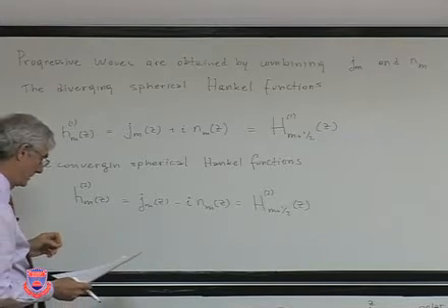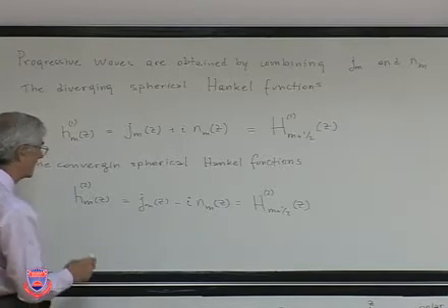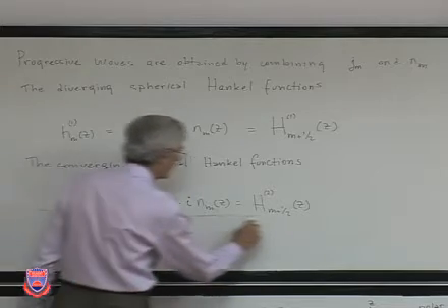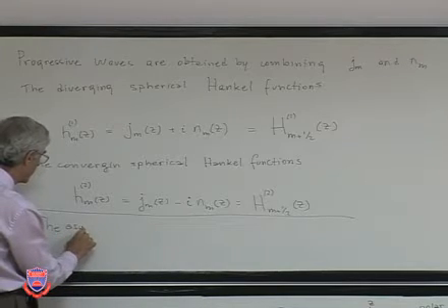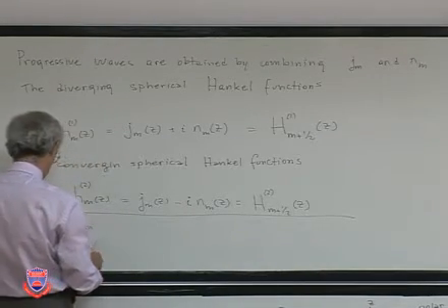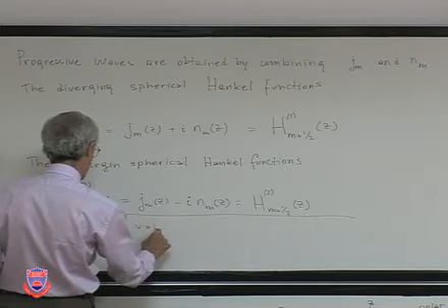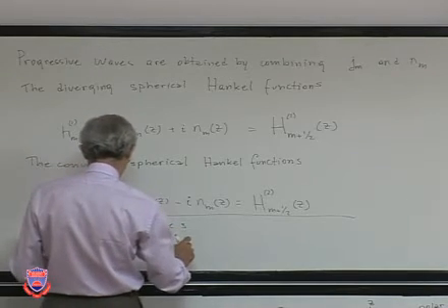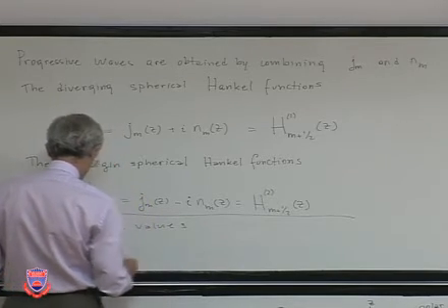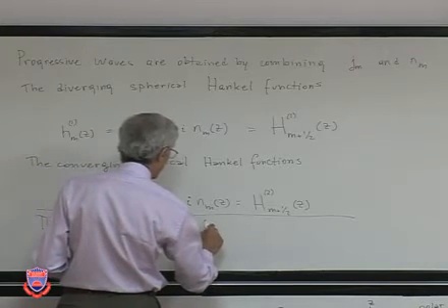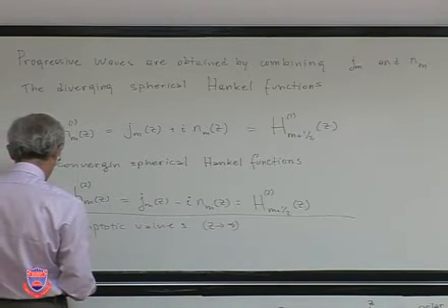And while we're here, the asymptotic values, meaning as Z becomes very large.